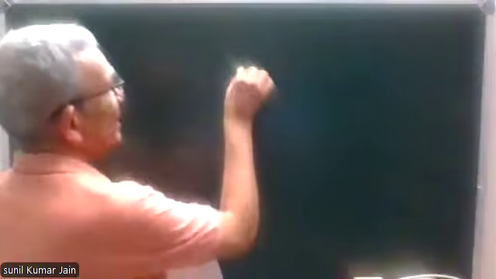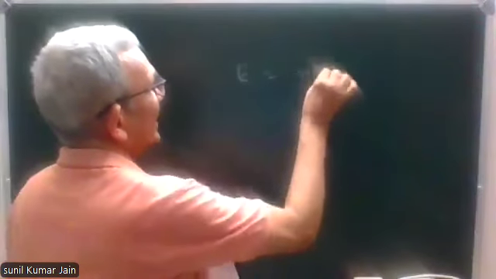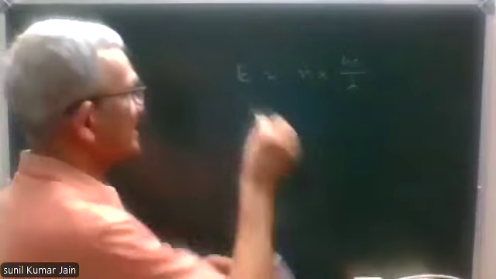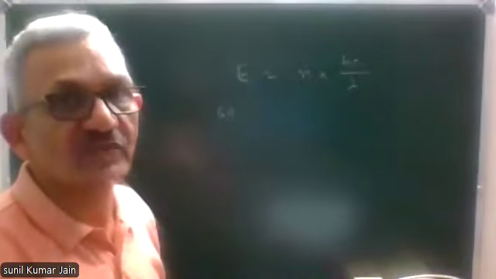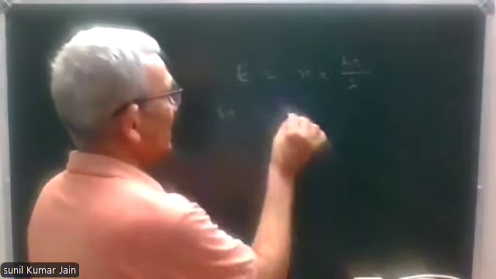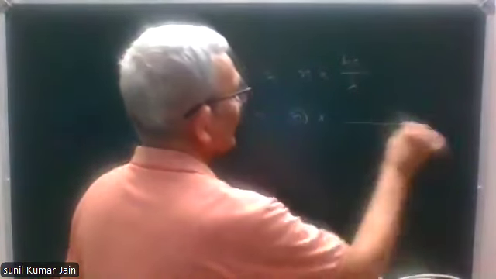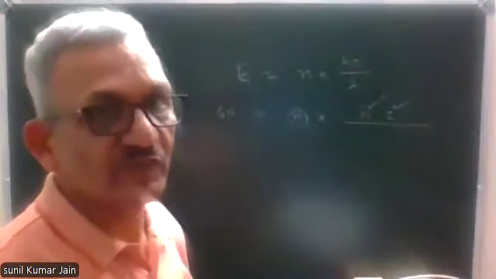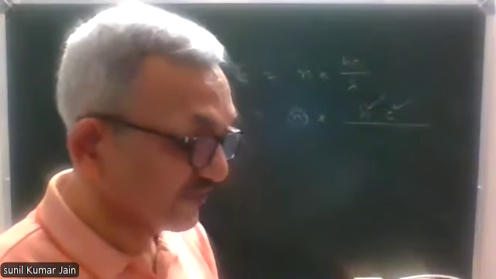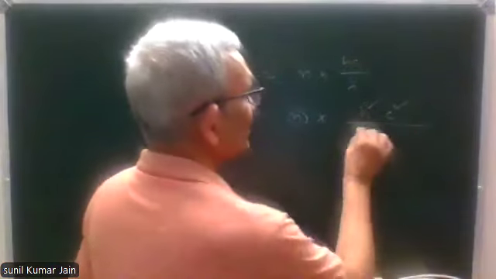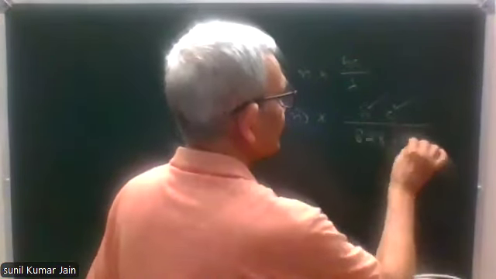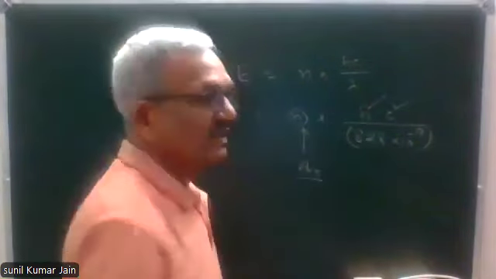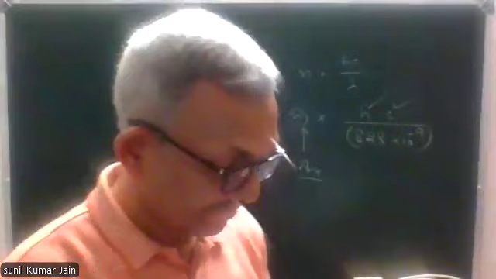Again, the same formula, E is equal to N into hc by lambda. Energy is 60 joules, because this is a 60-watt bulb. The number of photons we have to calculate. h and c are constants, we know their values. And the wavelength of radiation is 828 nanometers. This will give the number of photons.